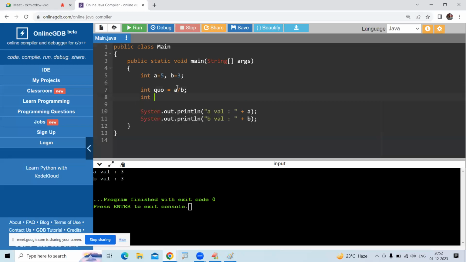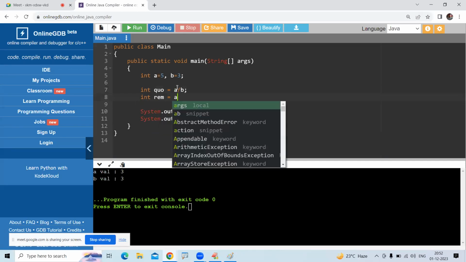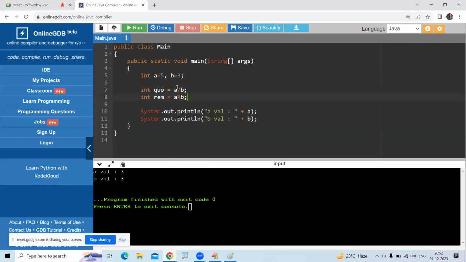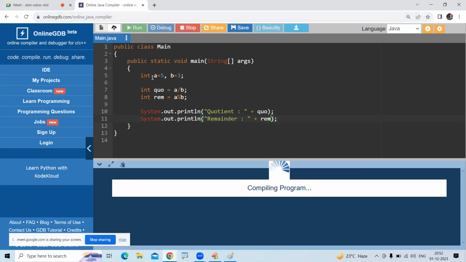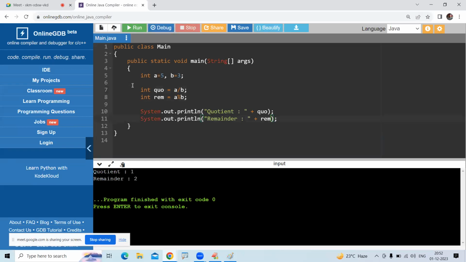Please write fully, you can write remainder a mod b. Fully I'm writing quotient here as QUO, remainder here just REM. Variable names are your wish. 5 by 3, quotient is 1, and 5 mod 3, remainder is 2. That's it.